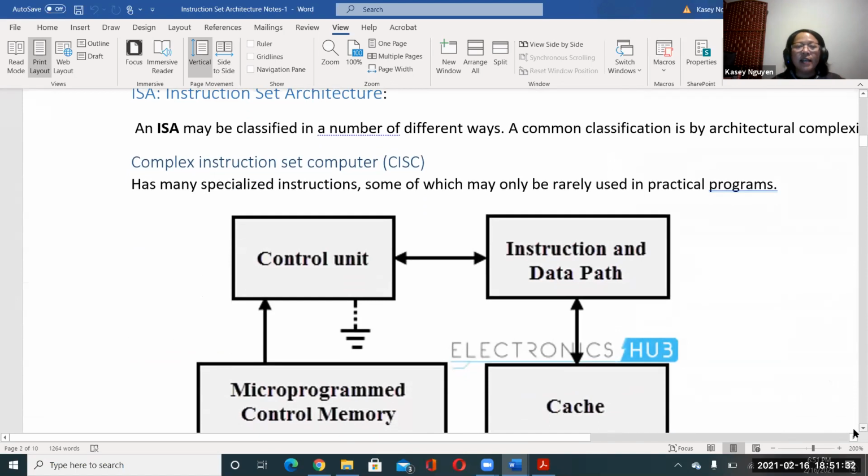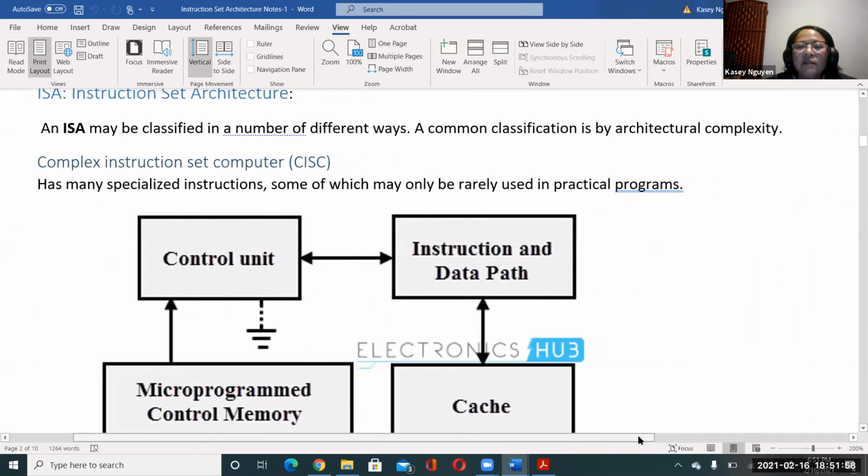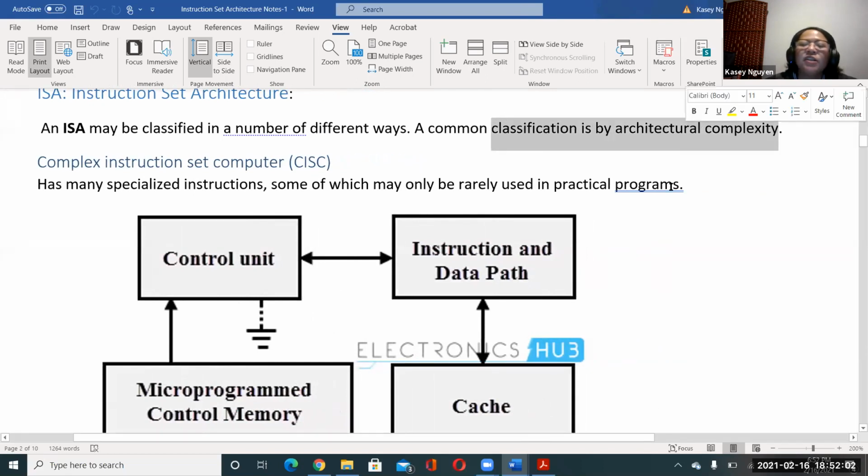So the architecture that we're learning is ISA. Make sure we remember this piece of lecture right now, some of the questions you would see on the quiz and also your final exam, okay? So ISA, instruction set architecture. This type of architecture is a common classification for the architecture complexity.